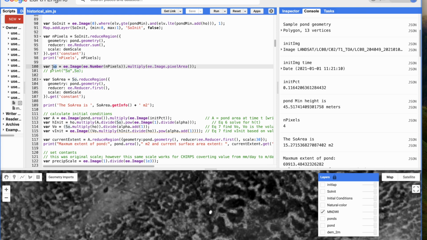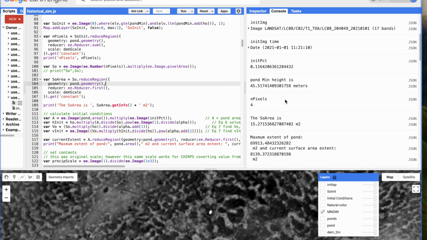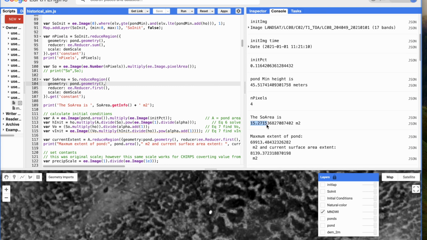Over here in line number 100, this is where that total number of pixels is multiplied by the pixel area, so it's giving us the area, again reducing to that particular pond of interest. So at the end, this basically gives us the area of the pond where the water is present.